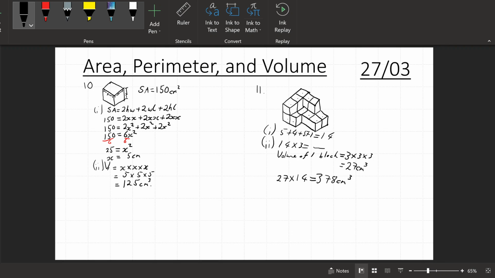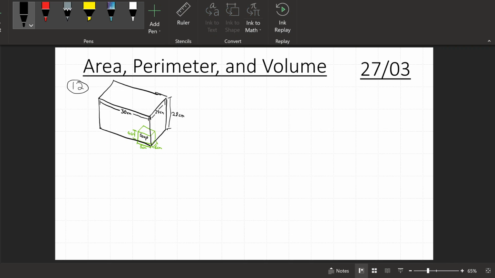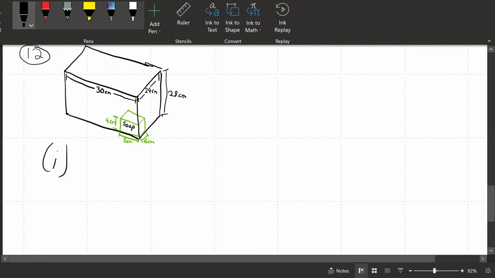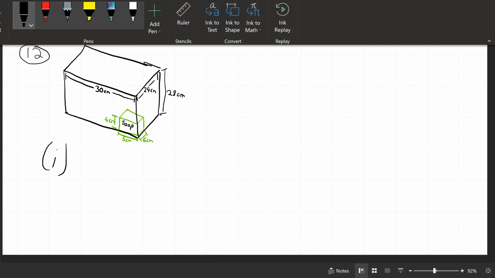Okay, so one final question here, question 12. And this has a soap box inside a bigger box. And it's saying how many, so it actually breaks this question down nicely for you. The first question it asks is how many soap blocks will fit along one 30-centimeter side.